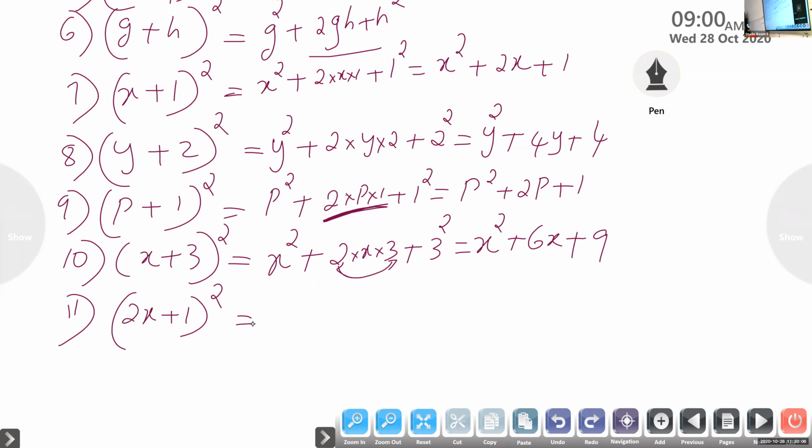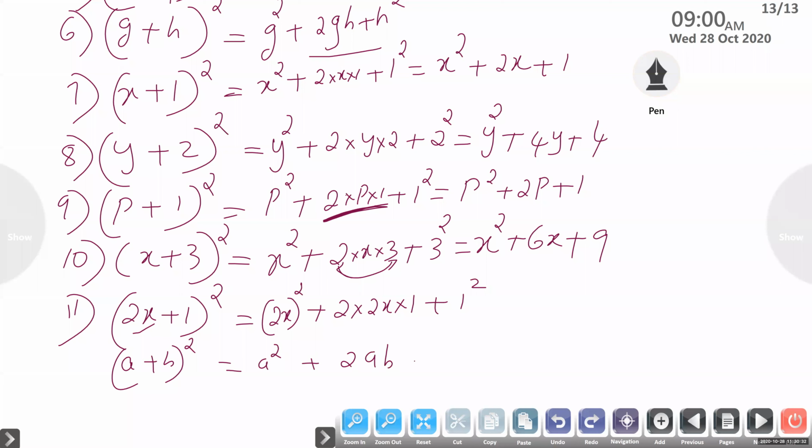How can we write this? First one, 2x. So 2x the whole square plus 2ab, so 2 into a is 2x, b is 1, plus 1 square. Understood? It is like a plus b the whole square, we know a square plus 2ab plus b square, isn't it? So here in the place of a we have 2x, in the place of b we have 1.